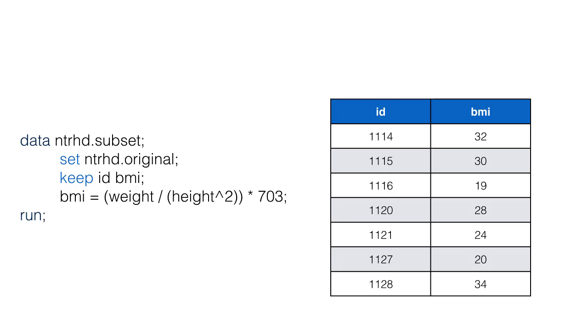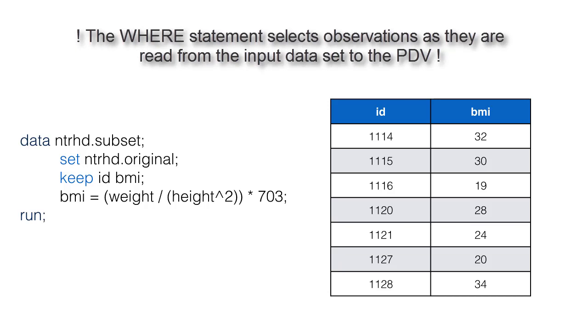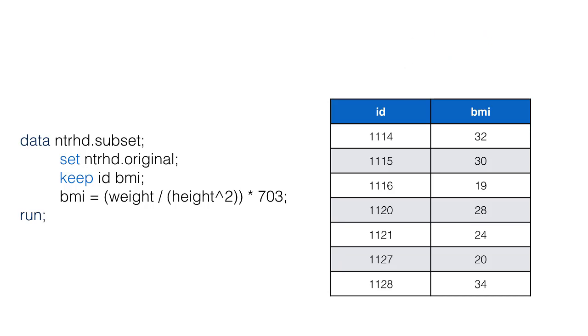You want to select observations based on variables that you're creating. You could consider using a where statement, but the where statement selects observations as they are read from the input dataset to the program data vector. In this situation, you want to subset observations based on the variable BMI, which is not part of the ntrhd.original dataset. So you can't use the where statement.